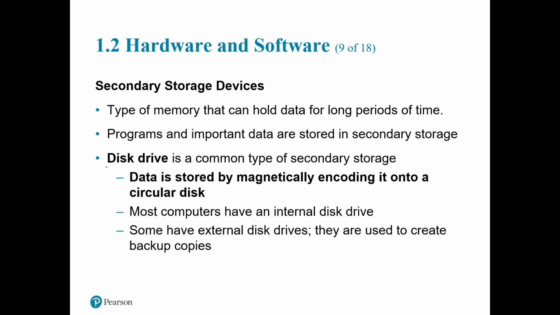One of them is a disk drive. It's very popular. The data that you put on the disk drive is stored magnetically by encoding it onto a circular disk. Most of your computers have an internal disk drive. Have you ever seen drive C or drive D? This is what is called a disk drive.